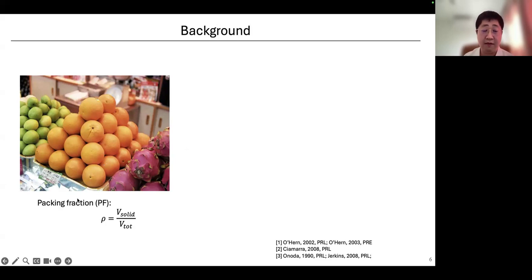Normally it's quantified by the packing fraction, which is the volume of the solid over the volume of the total space. Okay, so that's a dimensionless number ranging from 0 to 1. And other people may use the porosity, which is 1 minus the packing fraction, to quantify the packing structure.